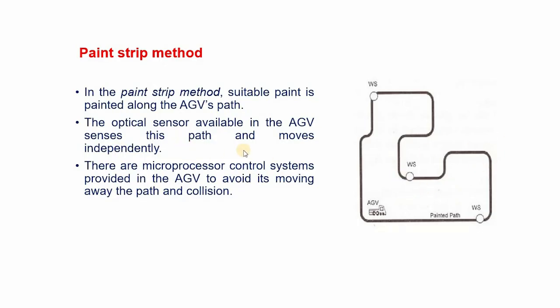Microprocessor control systems are provided in automated guided vehicles to avoid moving away from the prescribed path and to avoid collisions between vehicles, other parts, or human beings.